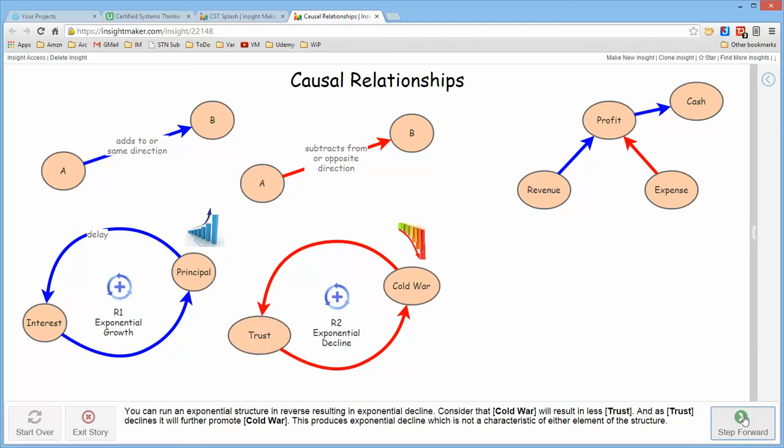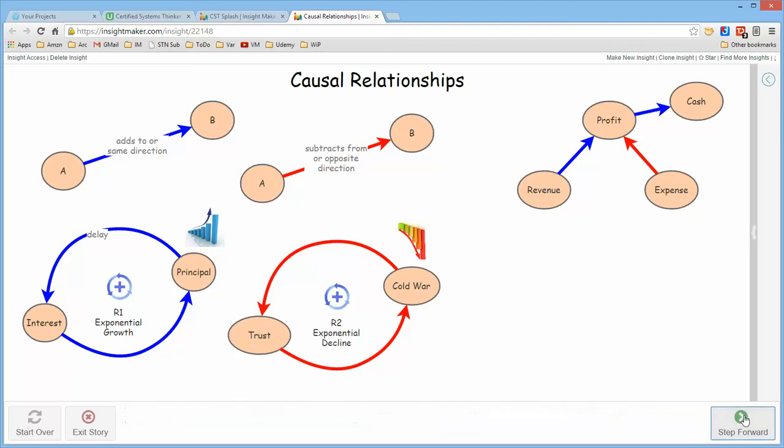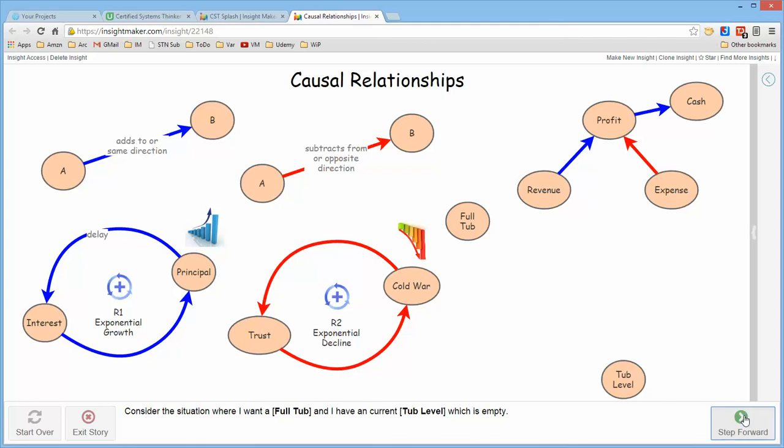The second structure has to do with looking at a situation where I have some goal that I want to attain. I want a full tub, and the current thing is I have some level in the tub, probably starting at 0. It is the difference between those two that creates a gap.